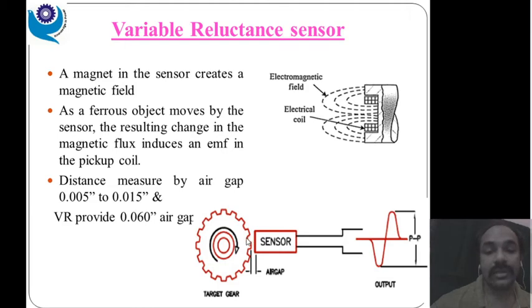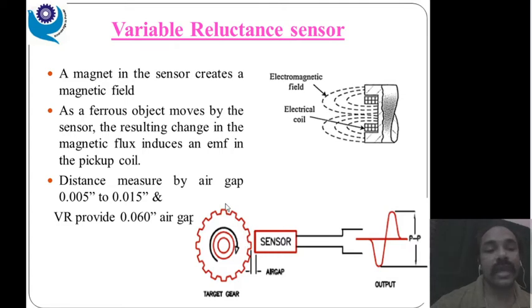There is an air gap, and without any physical contact we can measure rotation, revolution, distance, and position. So we can say it is contactless.